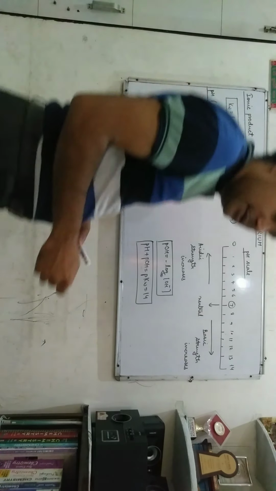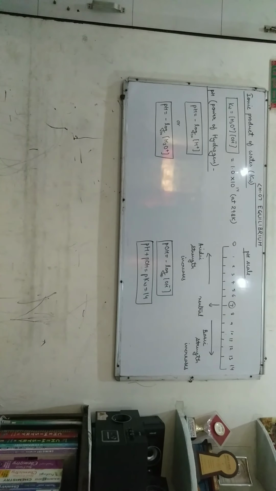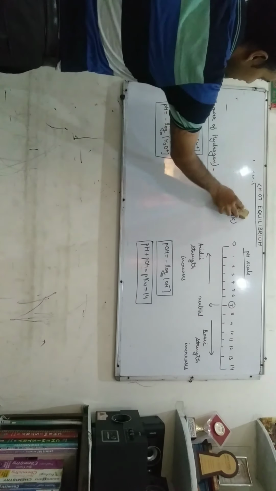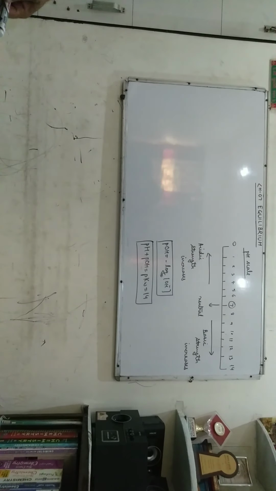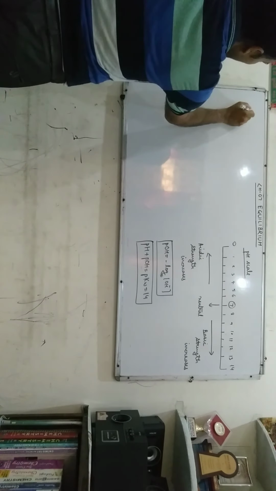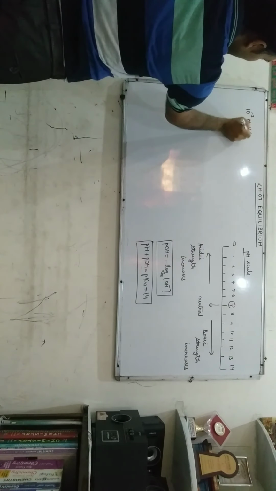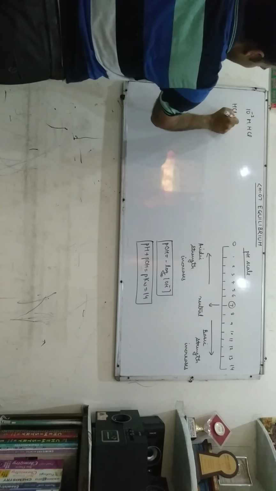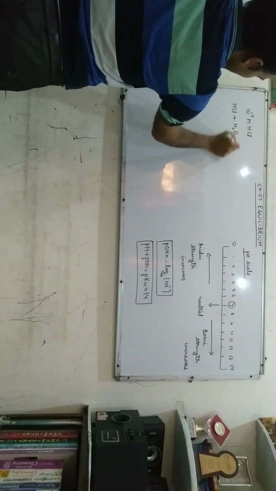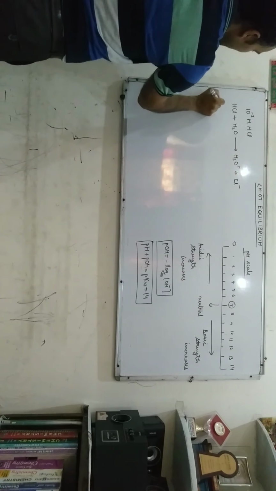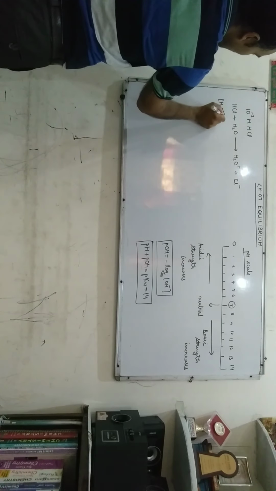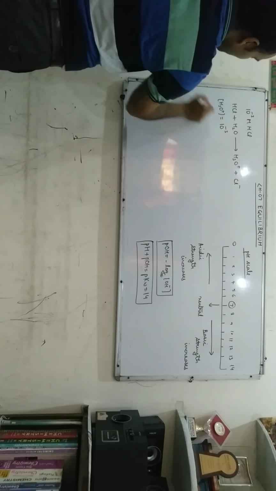Now, let us solve a numerical problem based on pH. Suppose we have to calculate the pH of a solution having concentration 10 raised to power minus 3 HCl. We know that HCl is ionized as H3O positive plus Cl negative. Therefore, the concentration of hydronium ion is 10 raised to power minus 3.